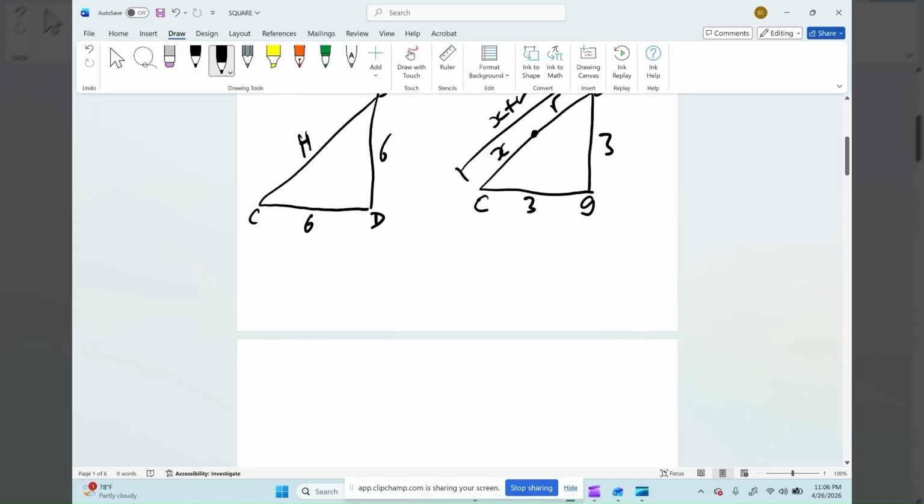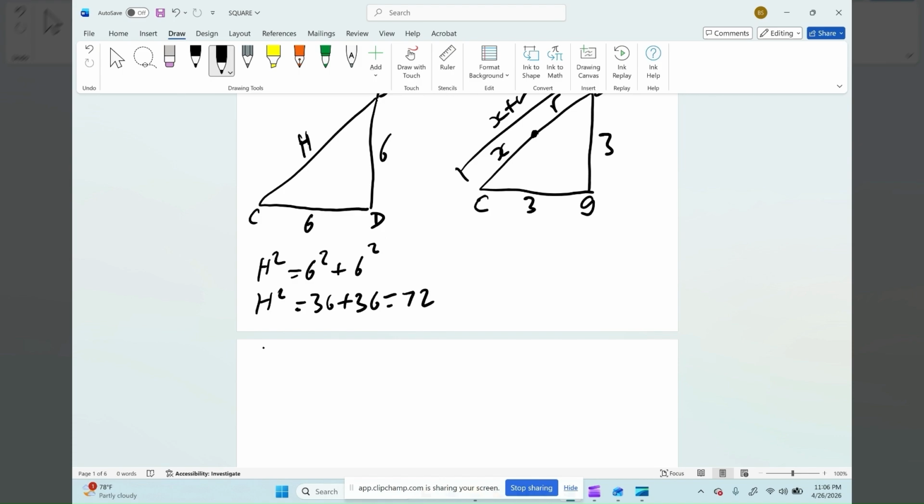So let's solve for H. We know that H squared is equal to 6 squared plus 6 squared, so H squared is equal to 36 plus 36, which is equal to 72.